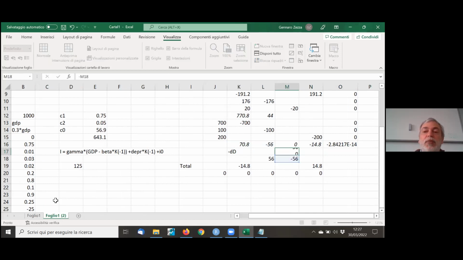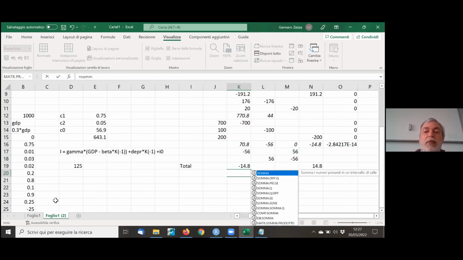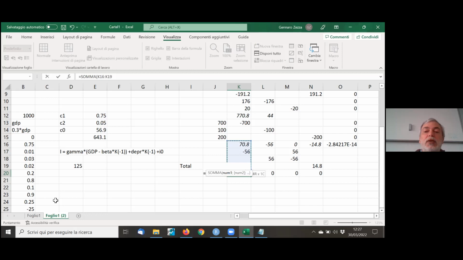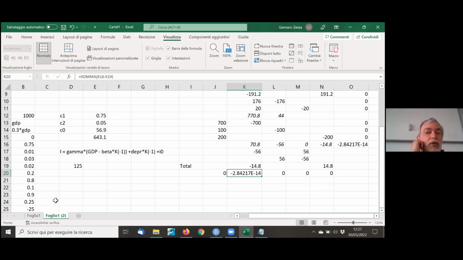This change in deposits has to be equal to the change in loans, and we want the sum of these to be 0. Yeah, I need to have 19. Yes, and so this is also 0. So it looks like the model is completely consistent in the two matrices.